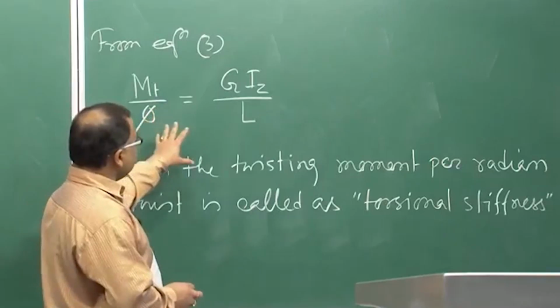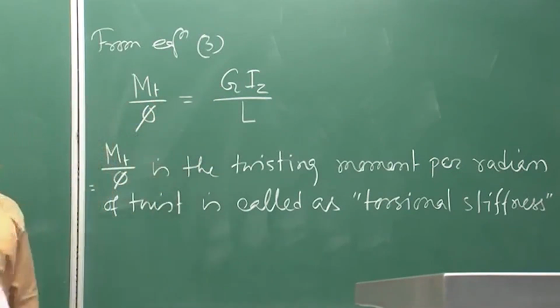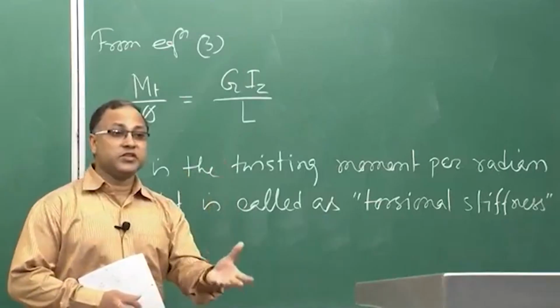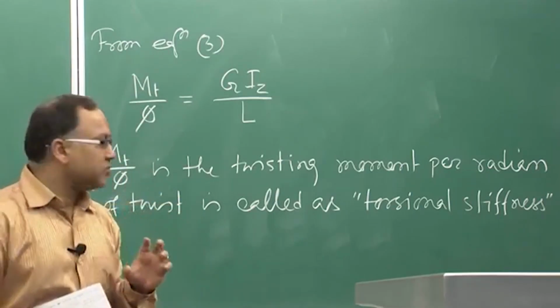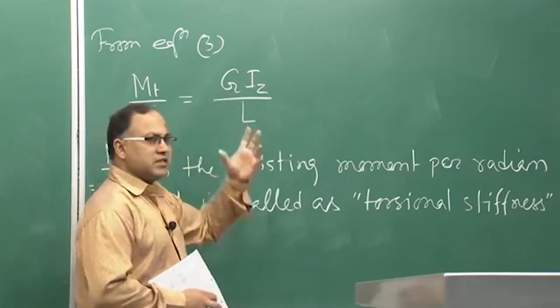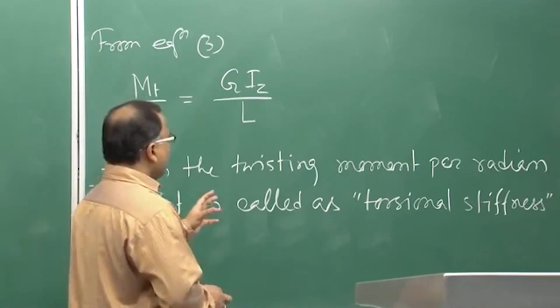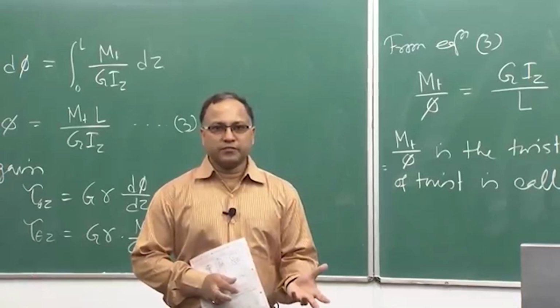Now one thing is very clear from this discussion: if you deal with a particular material, then G is constant. If you deal with a steel shaft or aluminum shaft or copper shaft, your G is constant because G is the material property. And if you are dealing with a particular length of the shaft, then L is also constant.